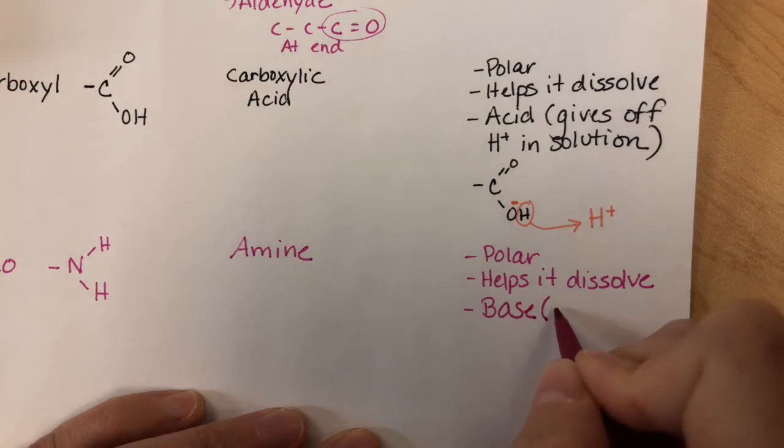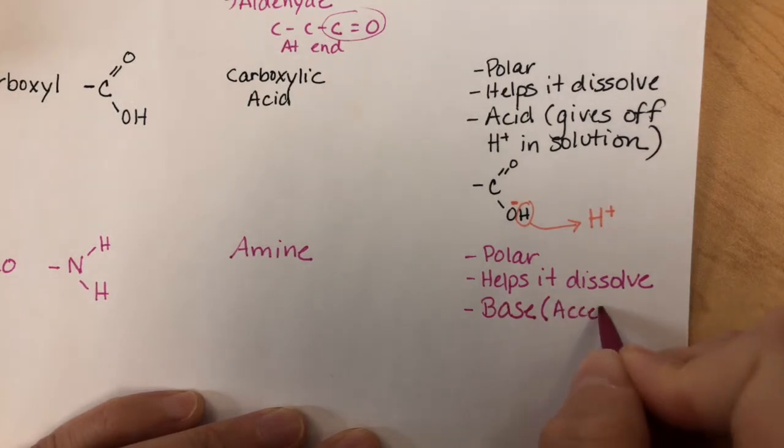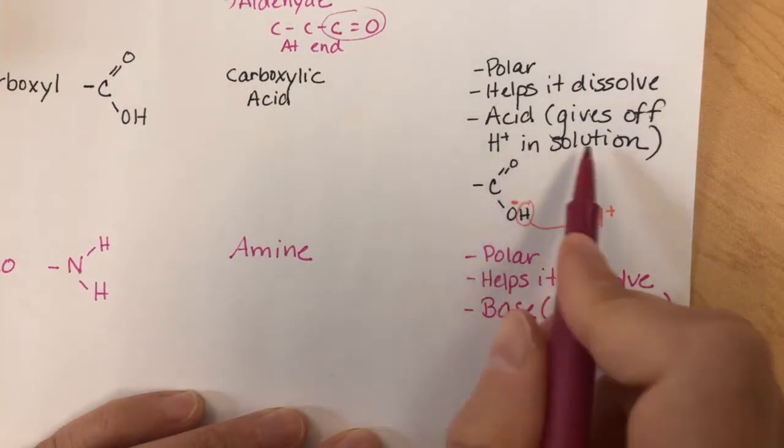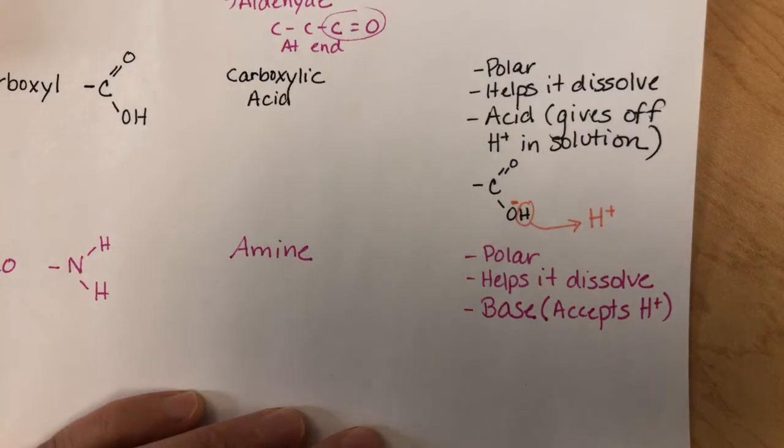What does a base mean? It means that it accepts H pluses. So acids give them off, increasing the hydrogen ion concentration in the solution. Bases accept it, all right, and therefore decrease the H pluses in the solution and changing the pH.